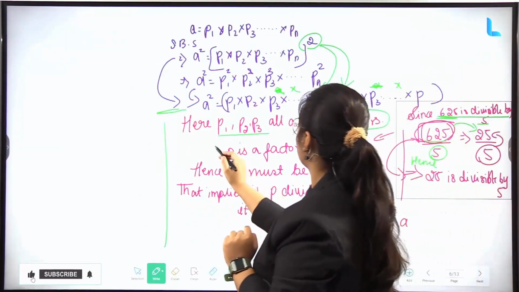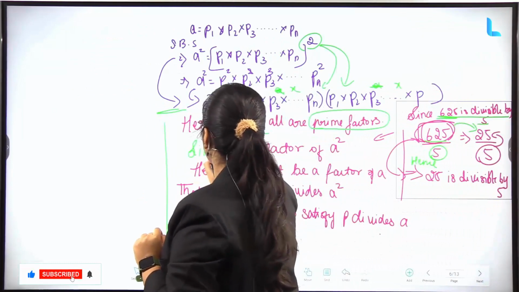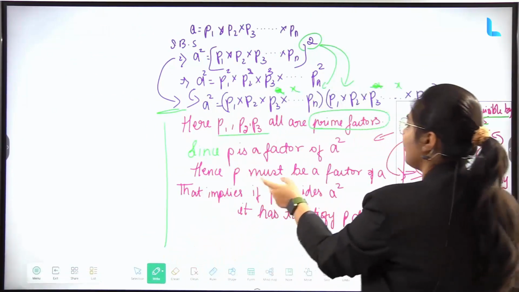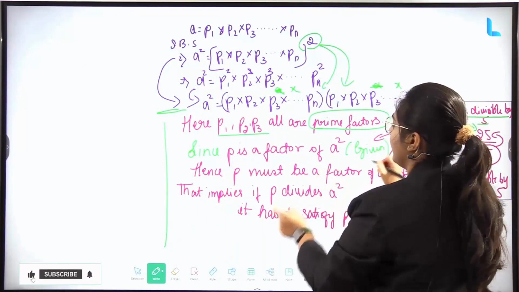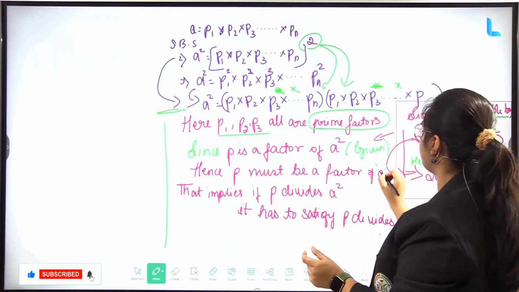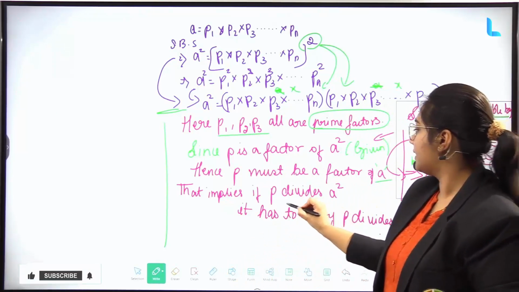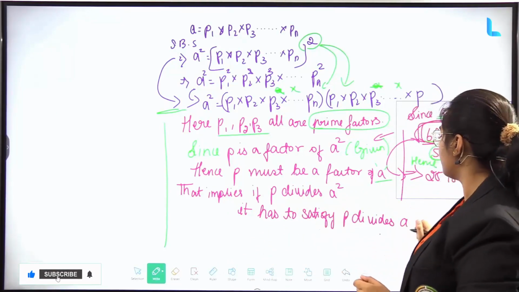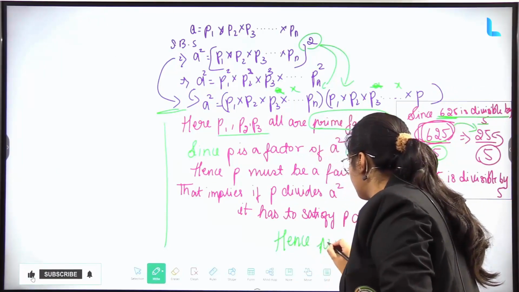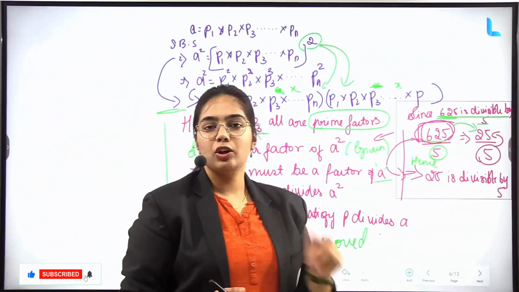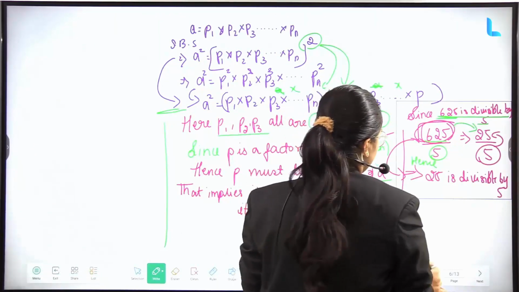So, since P is a factor of A square, which is given, hence P must be a factor of A. That implies that if P divides A square, it has to satisfy P divides A. Now in one slide, I'll just sum it up again once for you.